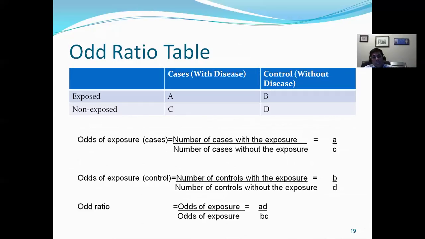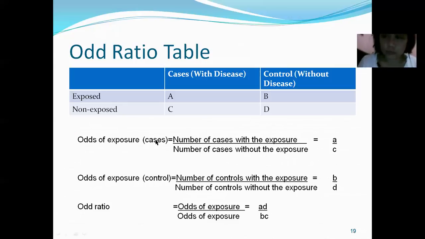Simply putting it on a 2x2 table, if you have the exposed, those that got the disease are called the cases, but those that did not get the disease are called the controls. And then you also have the second group, which are the non-exposed, and they have the disease, and those without the disease become the controls.